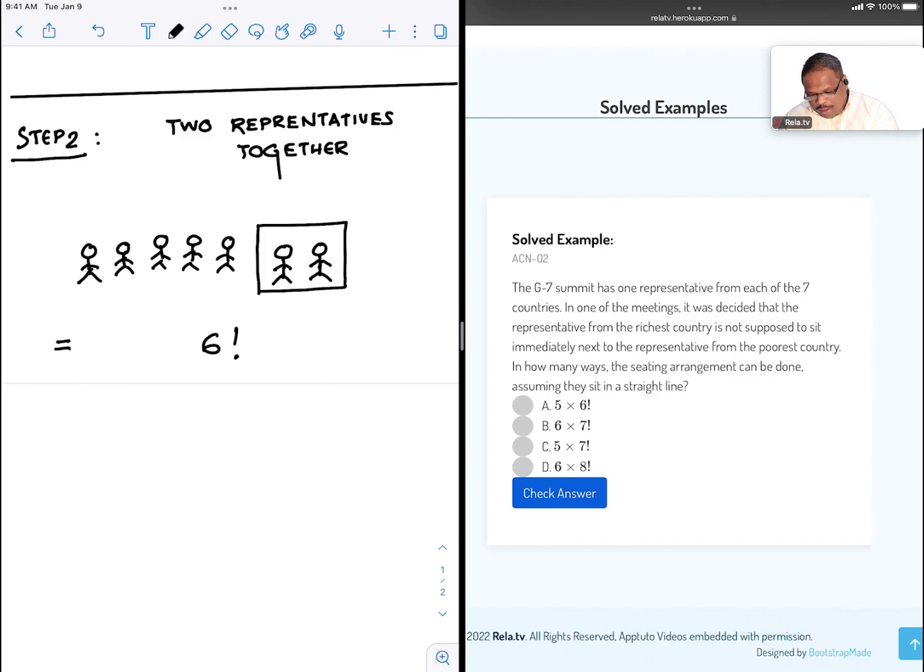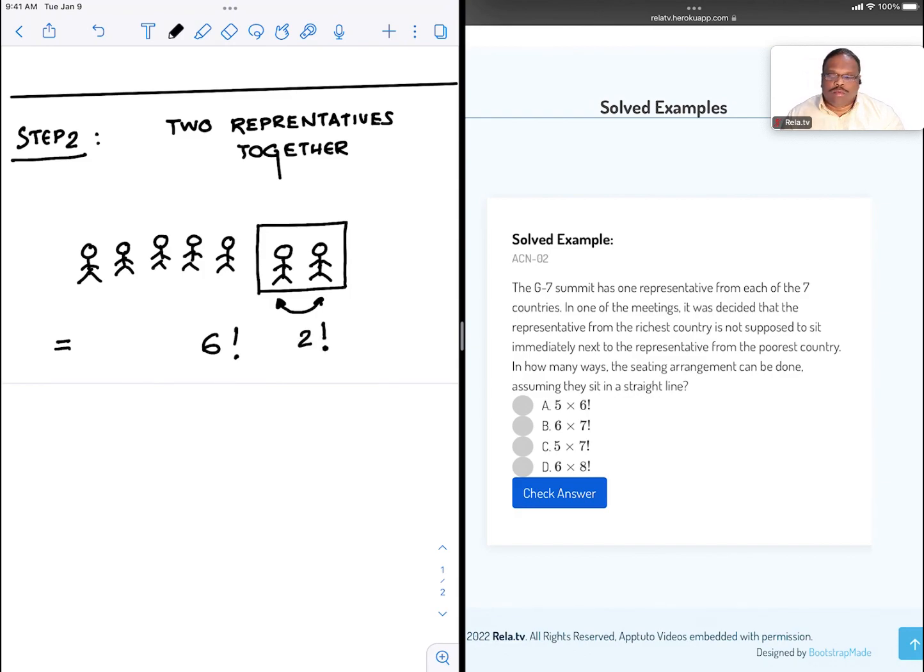These two people can shuffle among themselves while still being in the container, within that box. Since there are 2 people, that gives an additional 2 factorial.